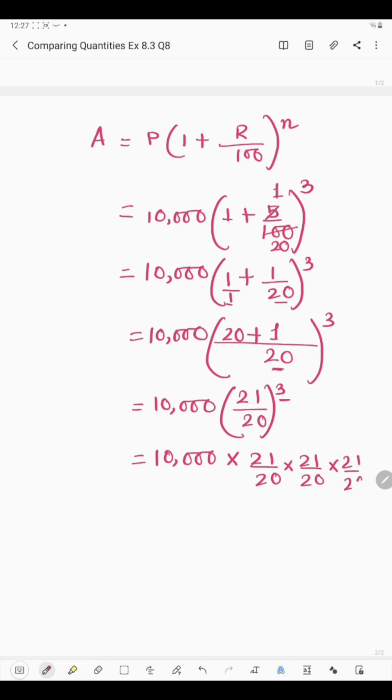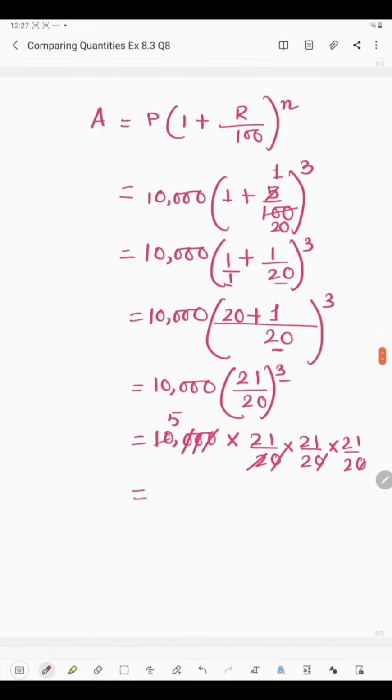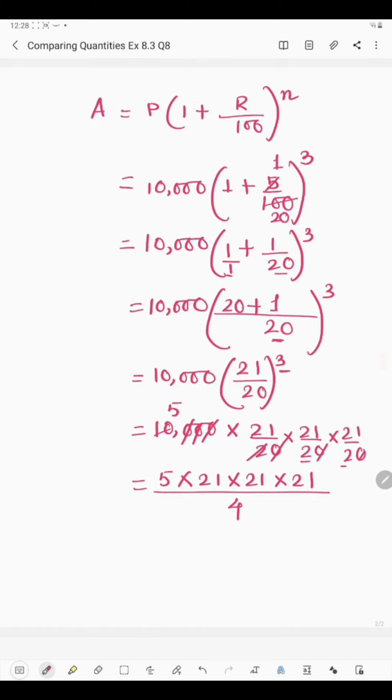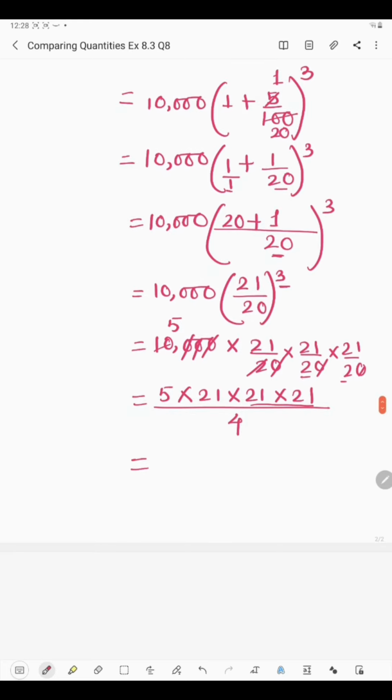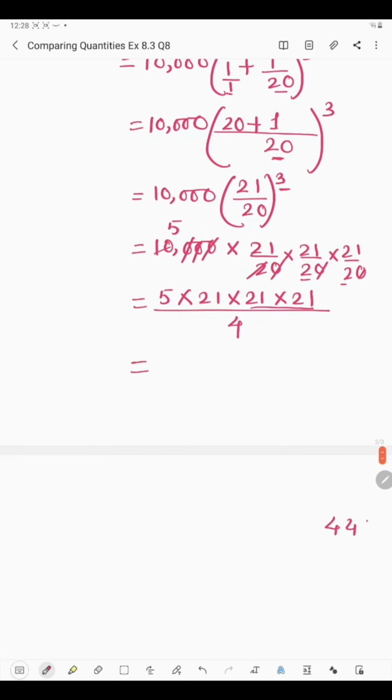Now we'll cancel the zeros. At first, 2 5s are 10. So in the numerator we have 5 into 21 into 21 into 21, and if you multiply the denominator, then we have 2 2s are 4. Now 21 into 21 is 441, and 5 into 21, 5 ones are 5, 5 2s are 10.